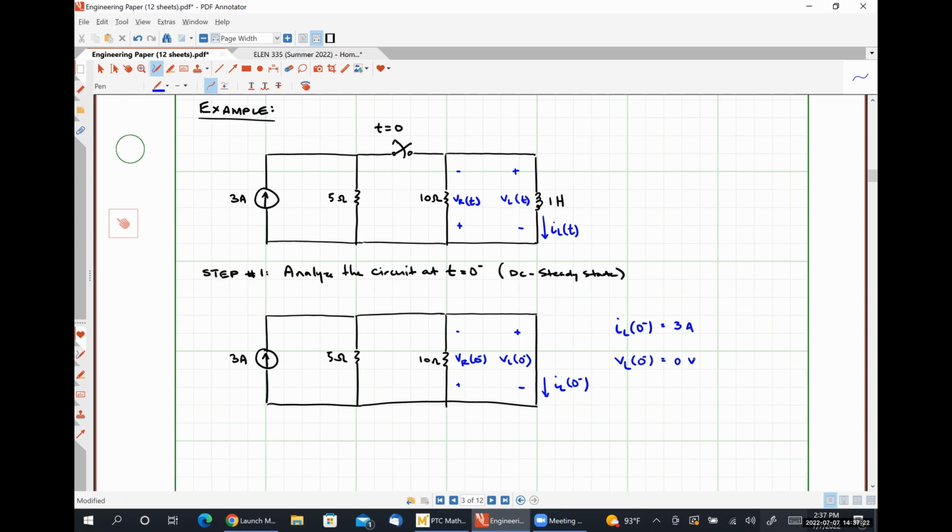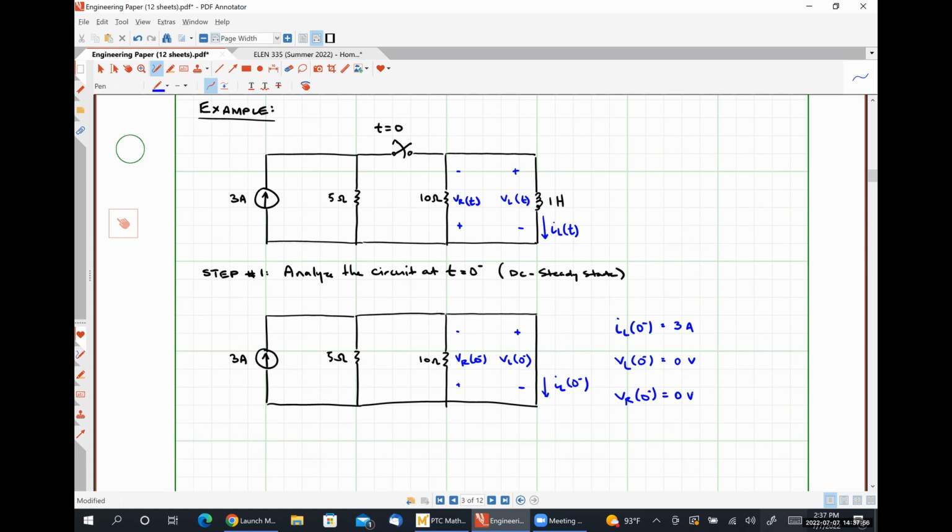Since our 10 ohm resistor is in parallel with that short circuit, what does the voltage drop over the 10 ohm resistor have to be? Also 0. Thank you, Catherine. So we have determined the values of all three quantities at t is equal to 0 minus.